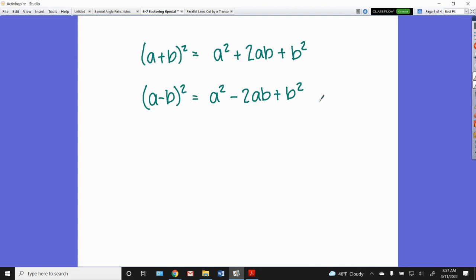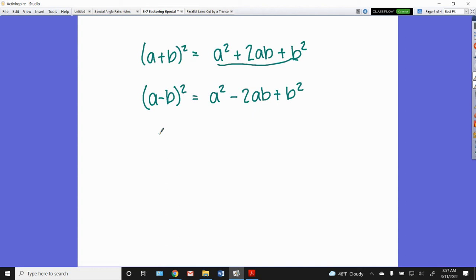It's saying when you see a situation like this, where you can take the square root of the first term, and the square root of the last term, and the middle term is those answers times each other times 2, it's going to be one of these situations. But if you don't know to look out for that, like if you didn't memorize it the first way, working backwards ain't going to work for you.